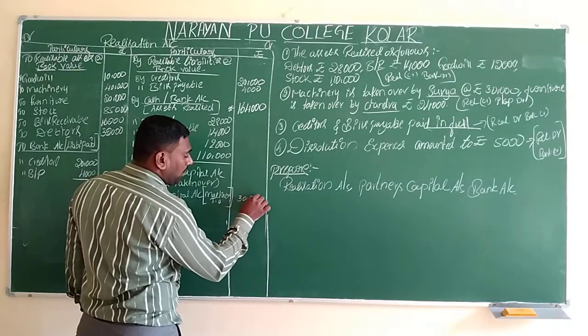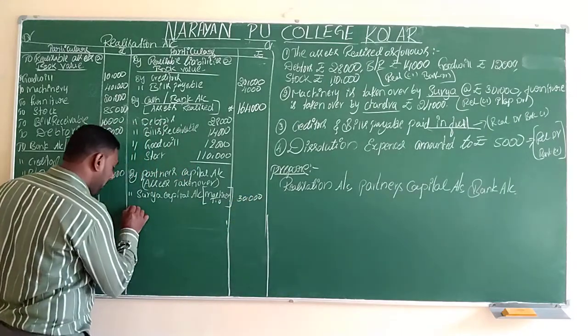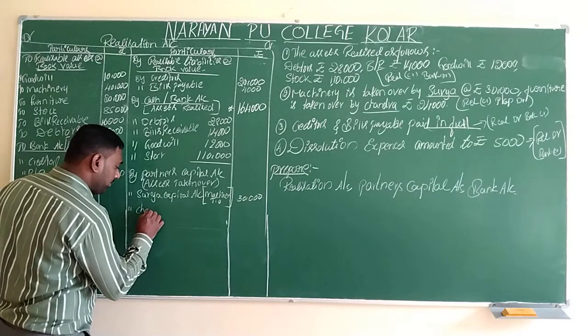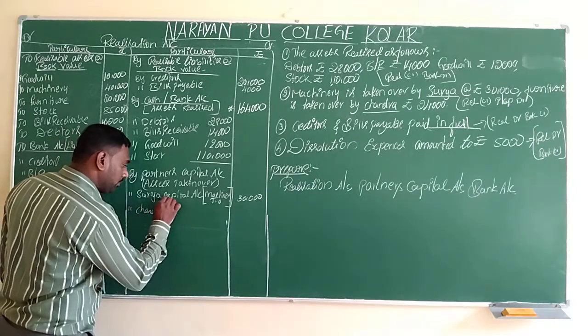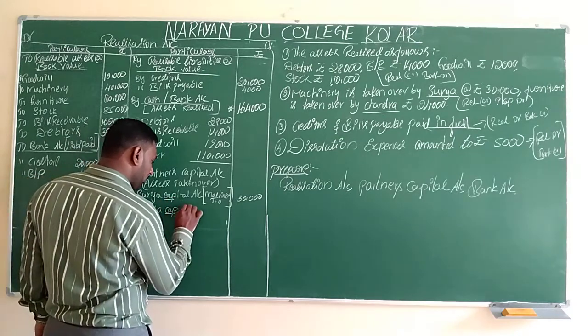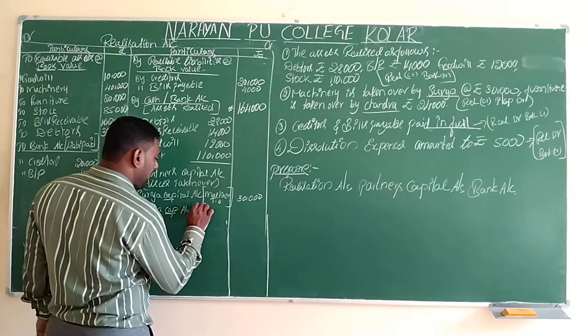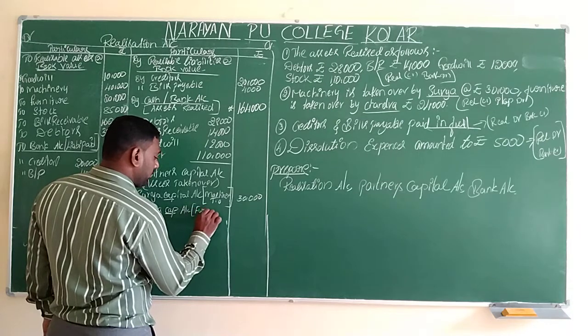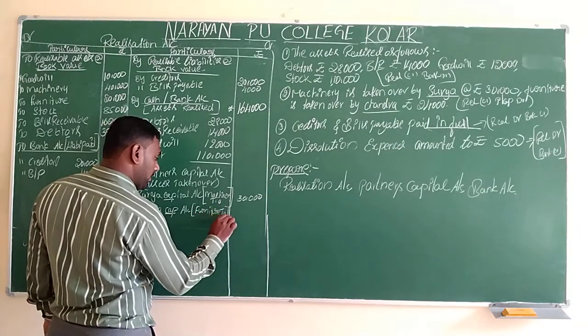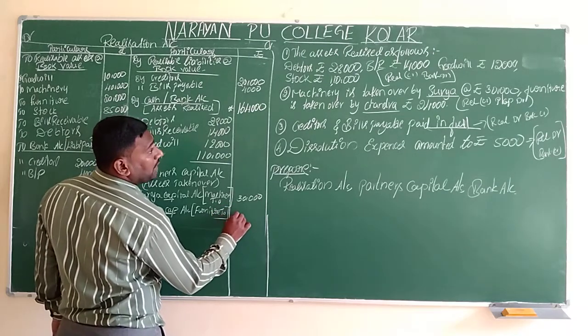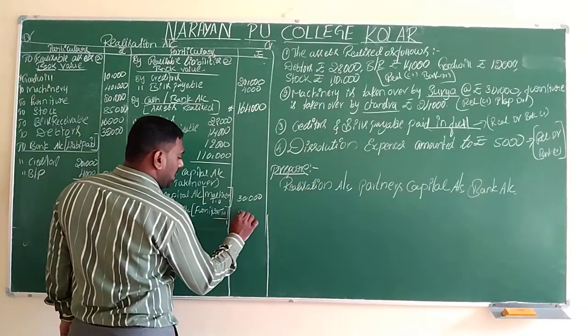We will write directly in the outer column. By Chandra capital account. What is taken over? Furniture taken over. What is the value? Chandra has taken over 24,000.